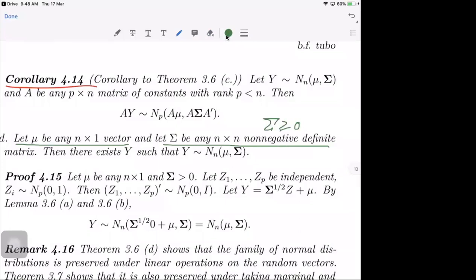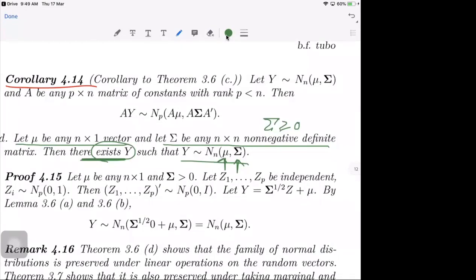If this is assumed, then we can always find a y such that y is normally distributed. So kung naa daw kay vector mu, then naa kay non-negative definite matrix sigma, there will always exist a y, no? Such that normally distributed na.